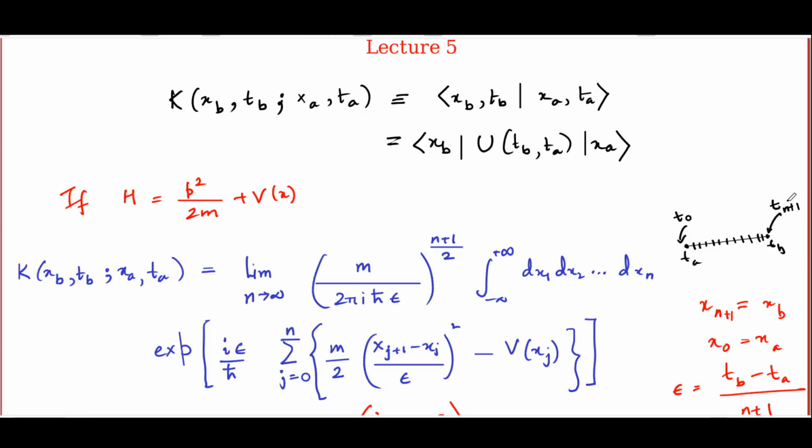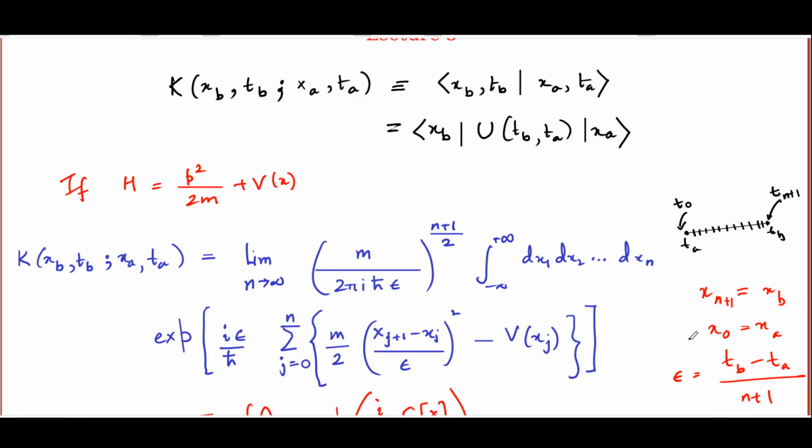Since you have n plus 1 intervals, you must have n plus 2 points, and the points are labeled from 0 to n plus 1 here. t_{n+1} has to be tb, and that means epsilon, the size of the interval, has to be (tb minus ta) by (n plus 1). And by xj, I am denoting the value of x at tj.